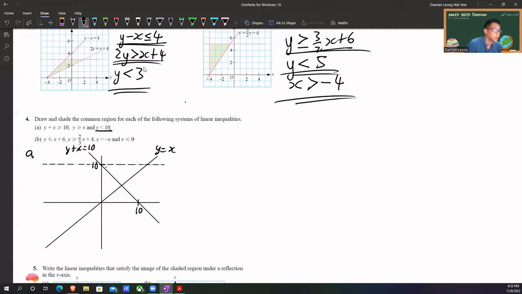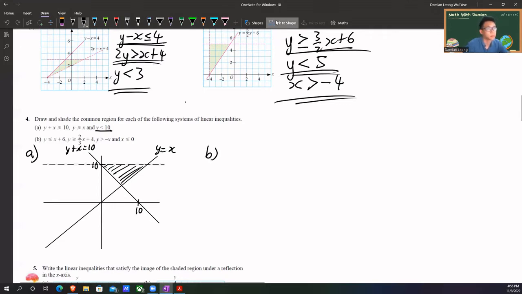So it has to be below this line also, since I already know that. So these three regions, then y plus x less or equals 10. Sorry, more or equals 10. So above this line. So it cannot be here as well. So it's this triangle here. So just shade this triangle. That's the shaded region. Okay, that's part A.